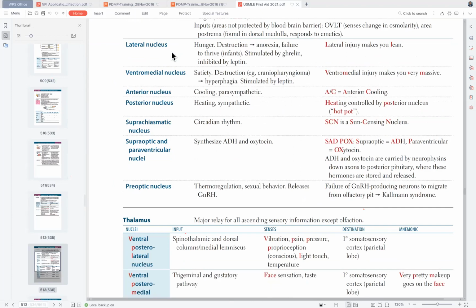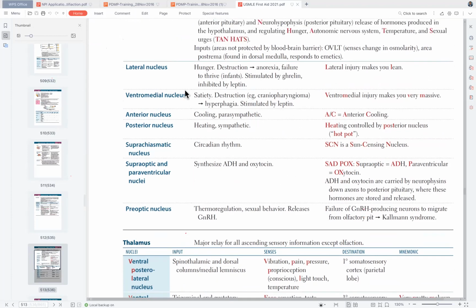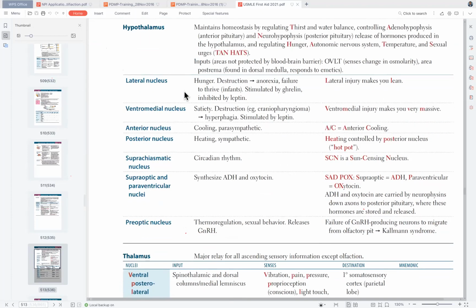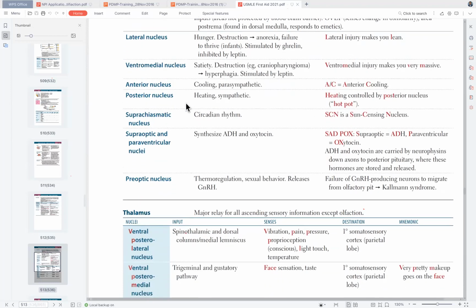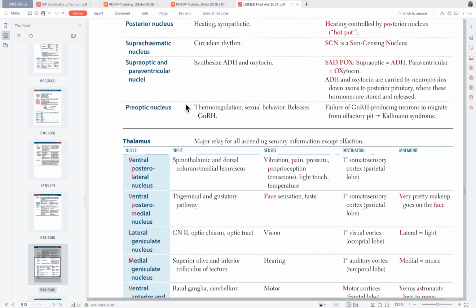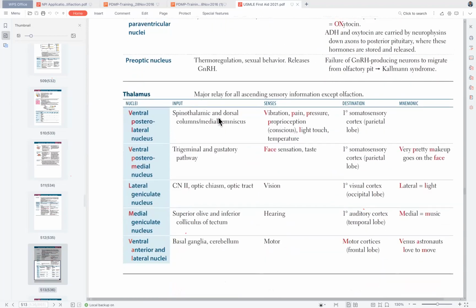Later when you have time, you want to see some of this, the hypothalamic nuclei. I'll wait for you all to bring your attention to it. If you see some UWorld questions on it, you want to come back here and look at it. The one that I would want to remember the most is this one here: vibration, pain, sensation.